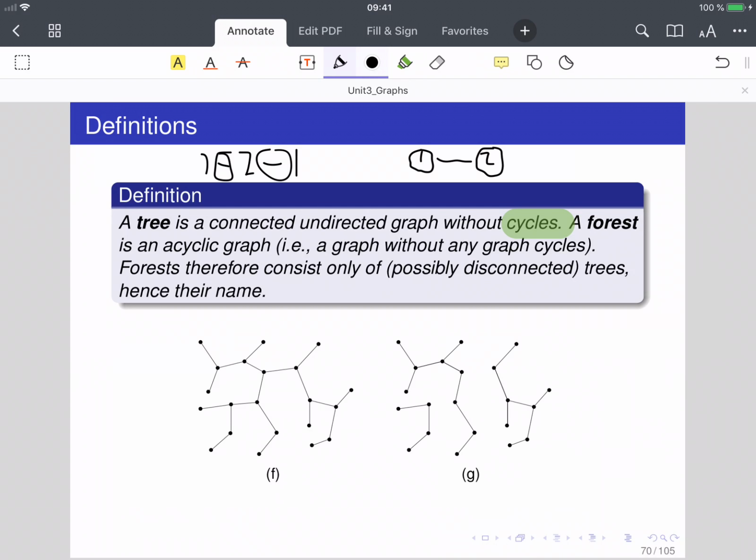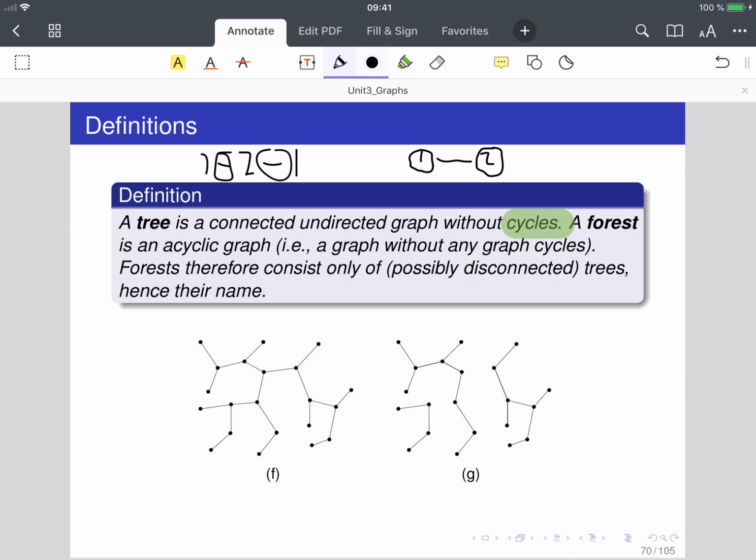So when we talk about trees, we talk about cycles that are simple, because in any other situation, if I have an edge, I always have a cycle. And if I want to impose that there are no cycles, if I don't think about simple cycles, then any graph that has at least one edge would have a cycle, and that is not a very useful notion.